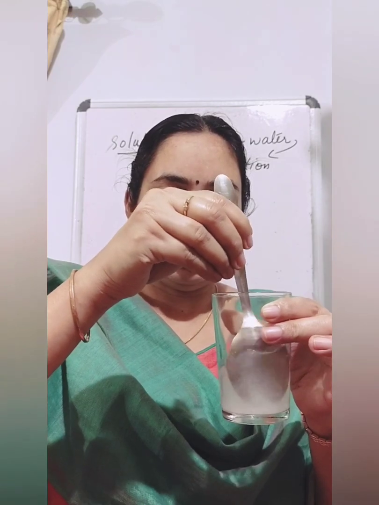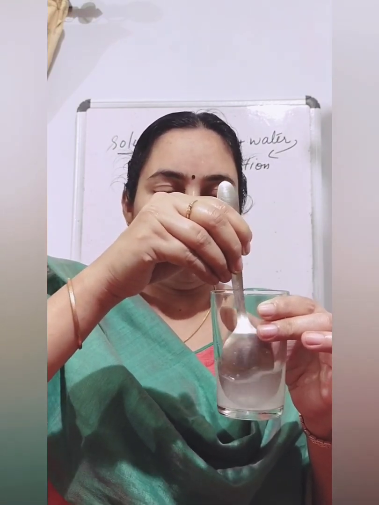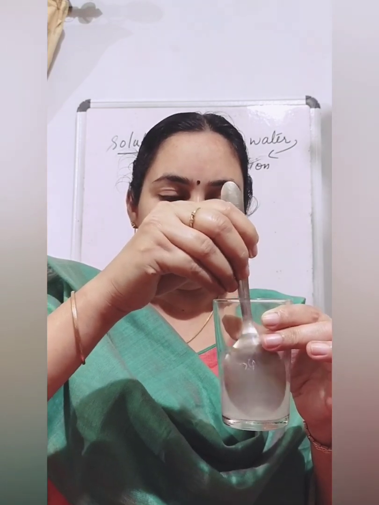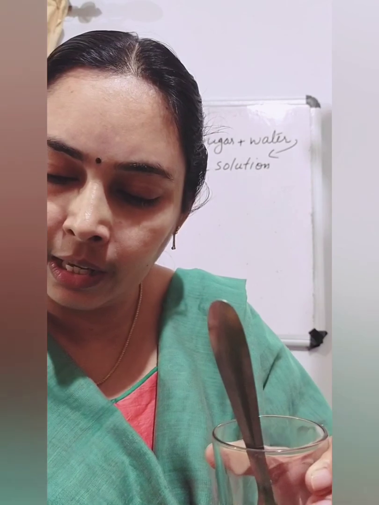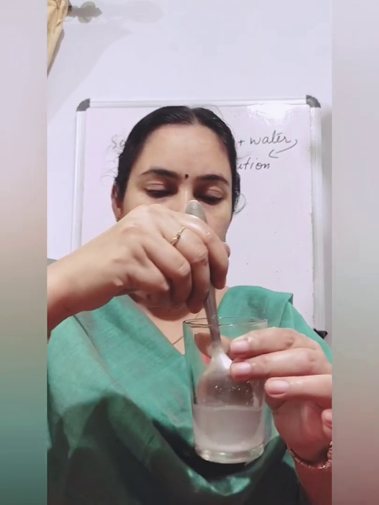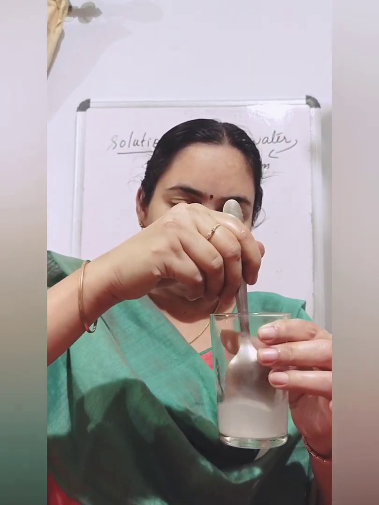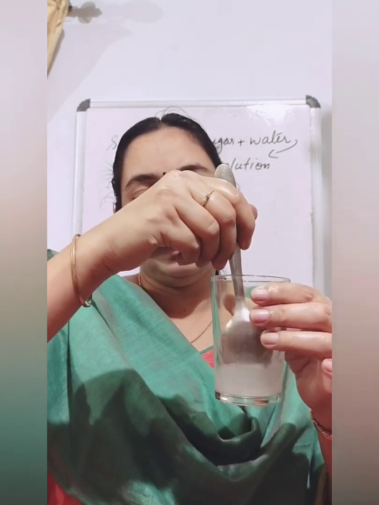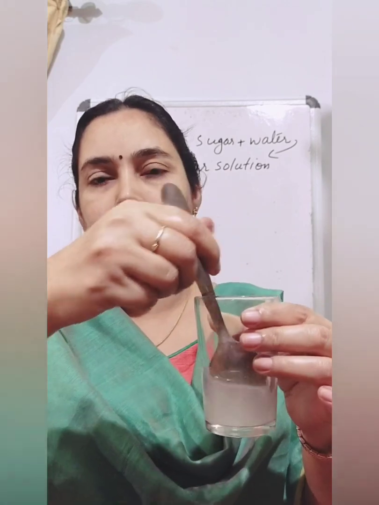So what happened to the salt? Salt will dissolve in this water. Okay. Then again I am adding the 2nd spoon of salt. Again I am stirring it. So what happened? That salt is also dissolving in the water.